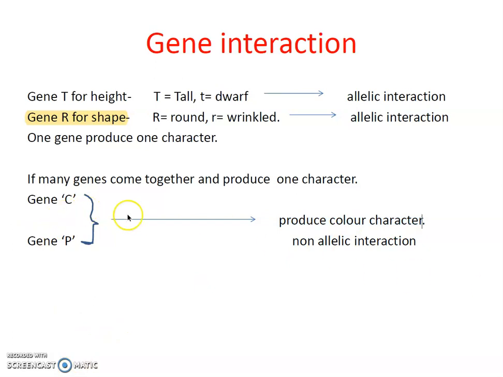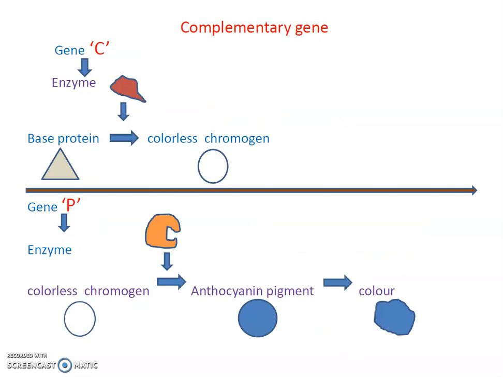Gene C and gene P are totally different. When they interact with each other, that type of interaction is called non-allelic interaction.